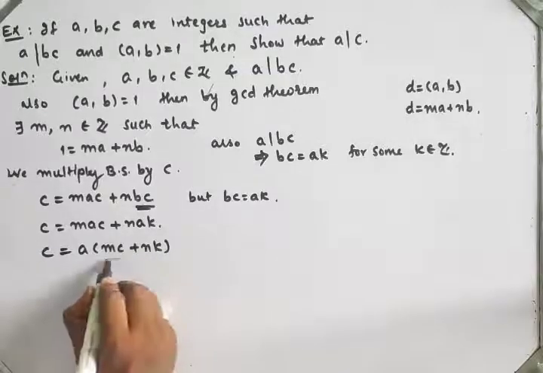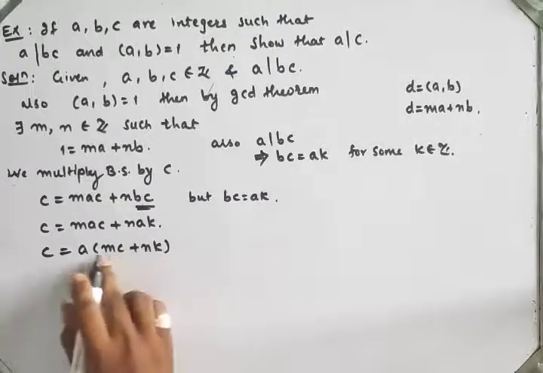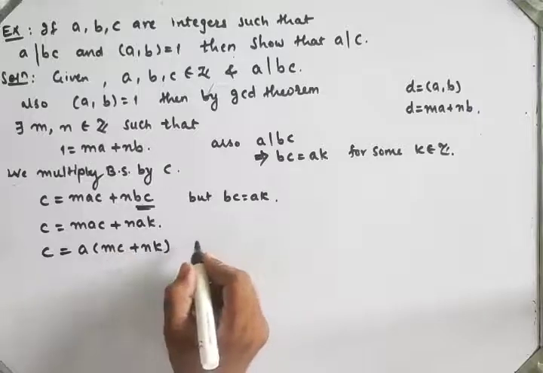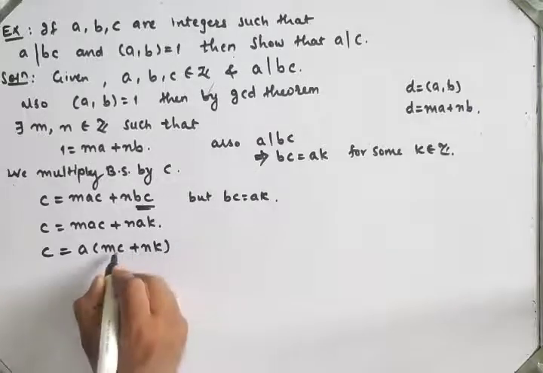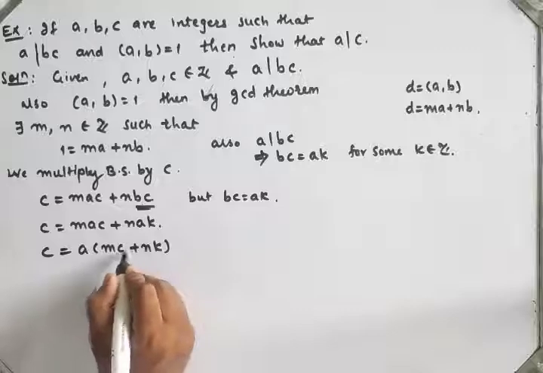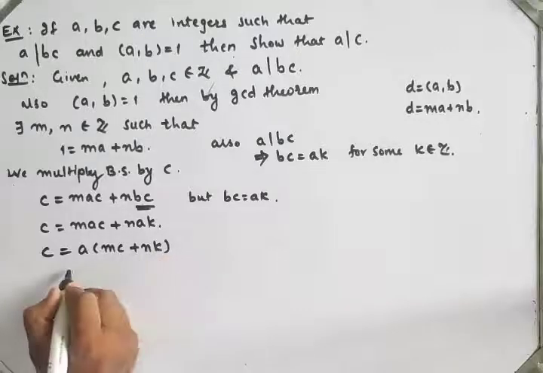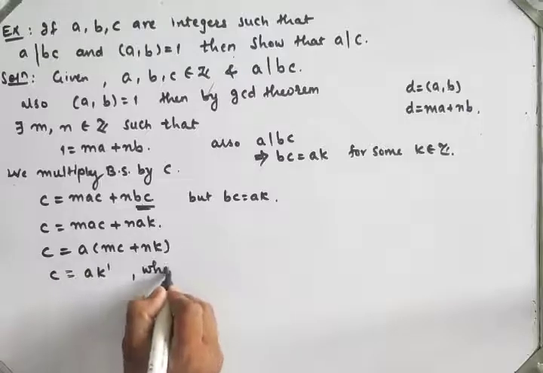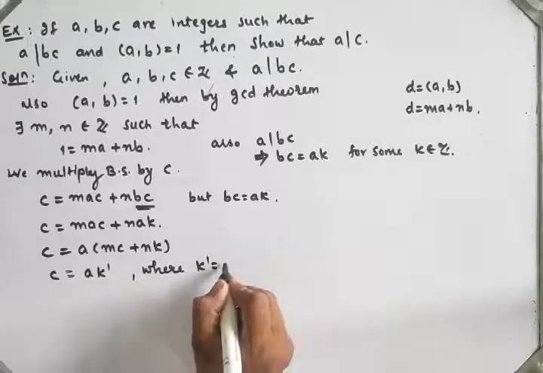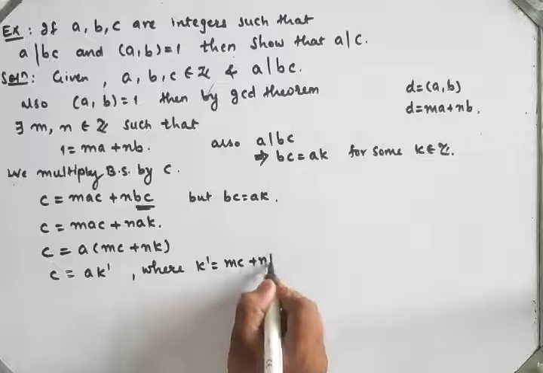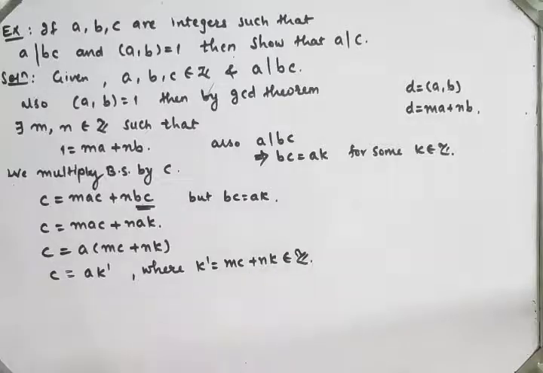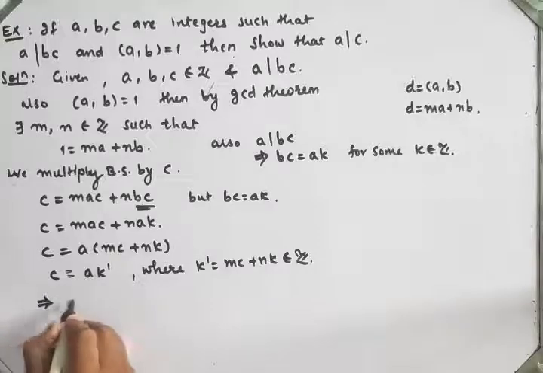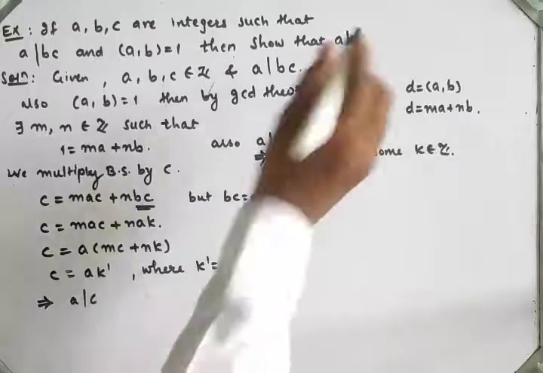So I will write this as integers, because here m, c and k all belong to the set of integers, so m into c plus n into k, which I will write as a into k dash. So k dash is equal to m into c plus n into k, which also belongs to the set of integers. Then by using the definition of divisibility, what will we get? a divides c, hence proved.